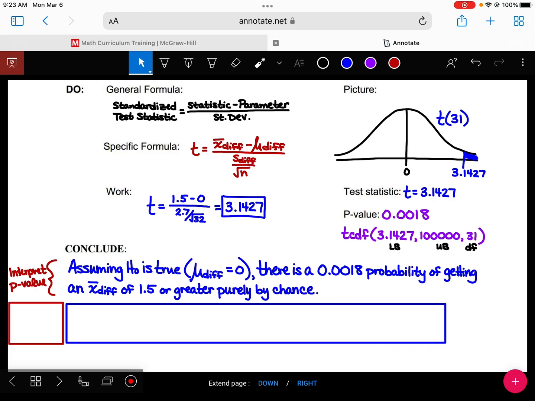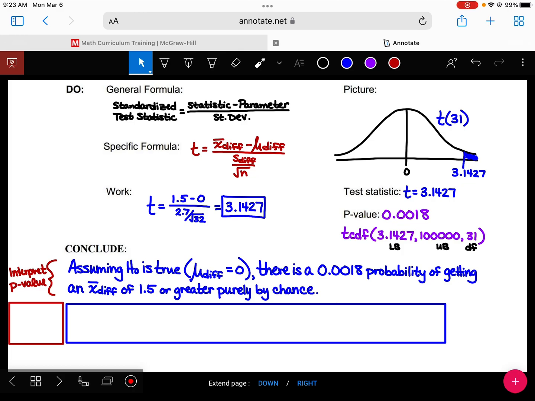Assuming H0 is true, mu diff equals 0, there's a 0.0018 or a 0.002 probability of getting an x bar diff of 1.5 or greater purely by chance. Remember to add this part on. It's always going to be the same as whatever direction you shaded up there and what your alternative hypothesis states. Okay, so that interprets our p-value.